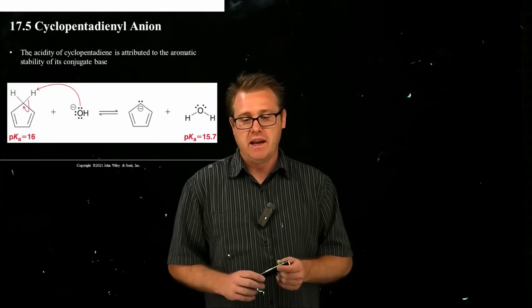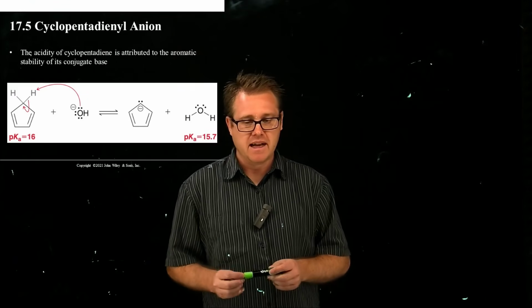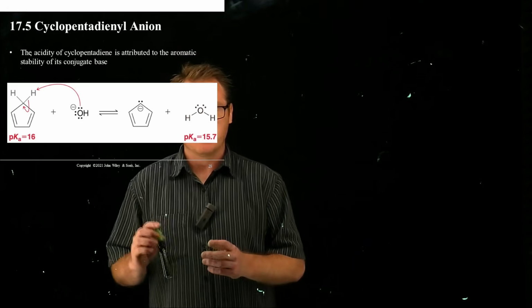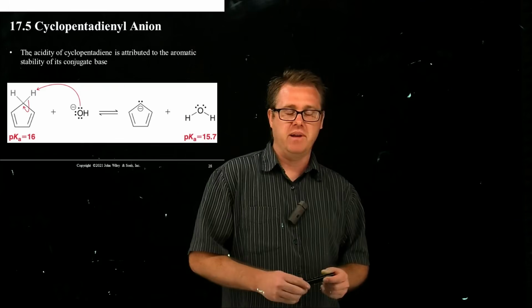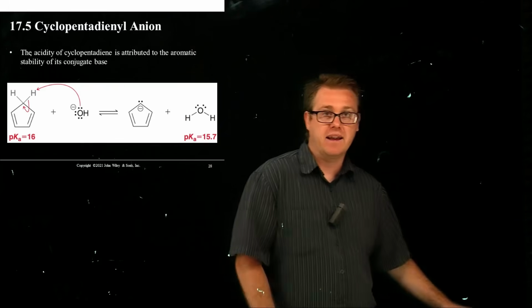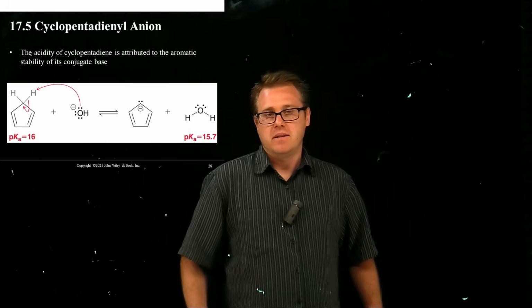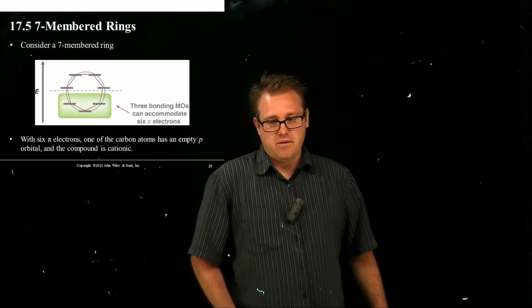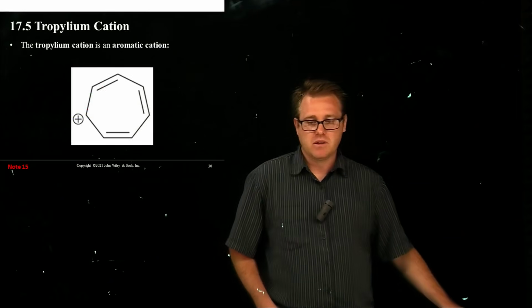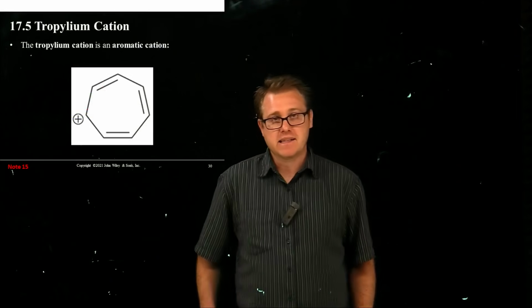So cyclopentadiene is relatively acidic because its conjugate base is going to be an aromatic anion. So that's pretty cool. So let's take a look at this cation.